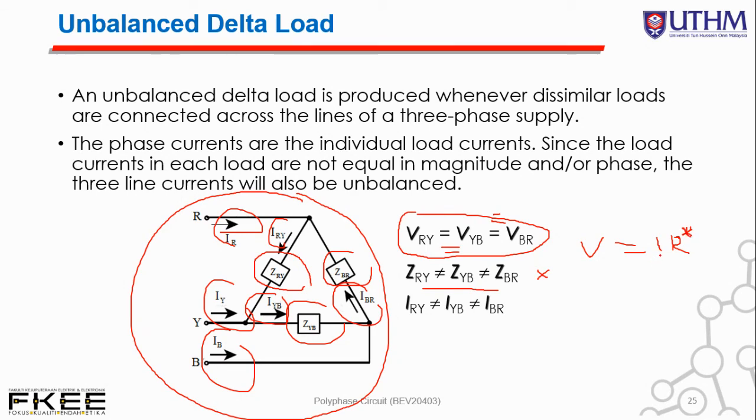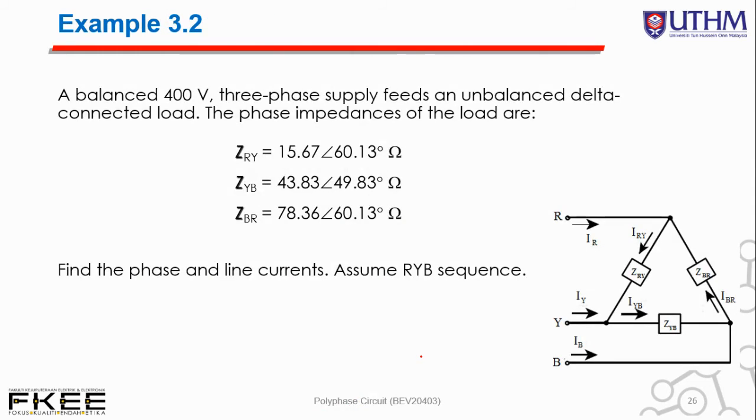So IRY is not equal to IYB, which is unequal to IBR. When the phase currents are not equal, of course, the line currents are also not equal.